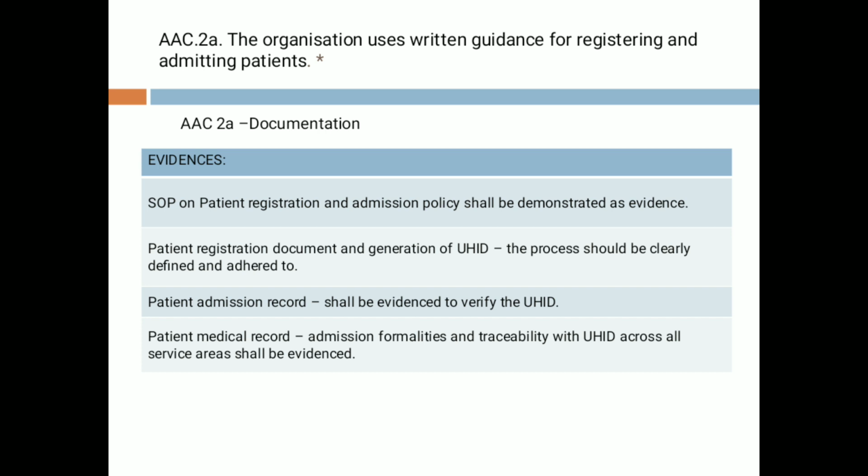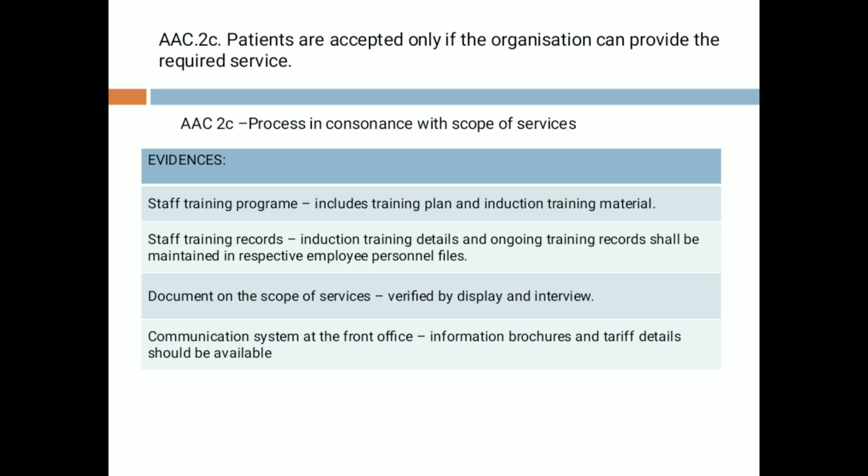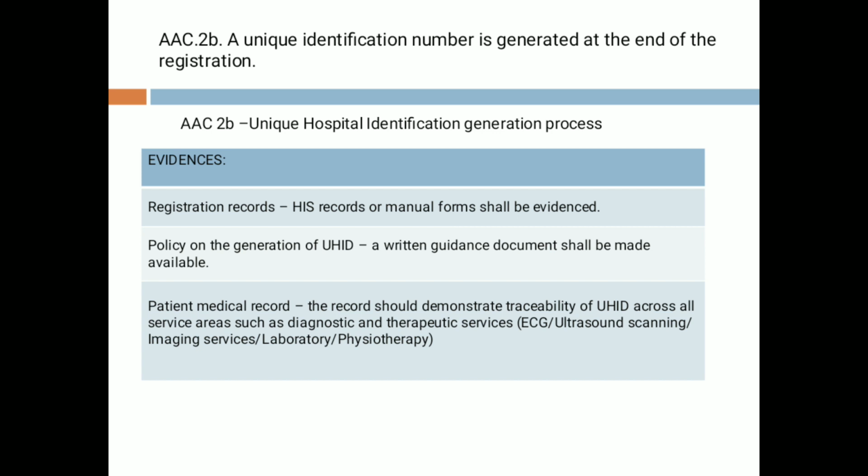Patient admission record shall be evidence to verify the UHID. Patient medical record from admission formalities and traceability with UHID across all service areas shall be evidenced. Objective element AAC.2B speaks about the unique hospital identification generation process.